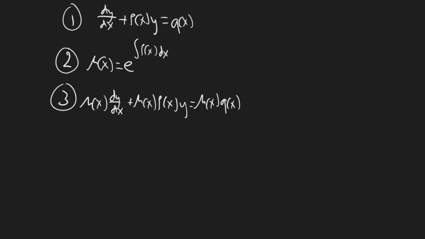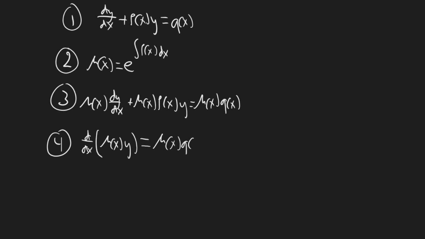Step 4 is rewriting the ODE again. This right here is the result of a product rule. This is the result of d dx of mu of x times y. We can convince ourselves of this in a second, and the right side stays the same. We just rewrote the left side.